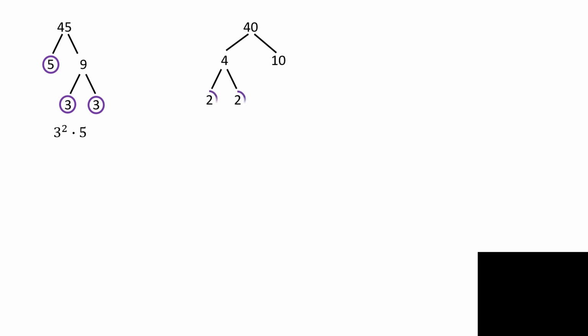Those are prime numbers. I can circle them. Underneath the 10, well, 2 times 5 makes 10, so I can put a 2 and a 5. I'll circle those.